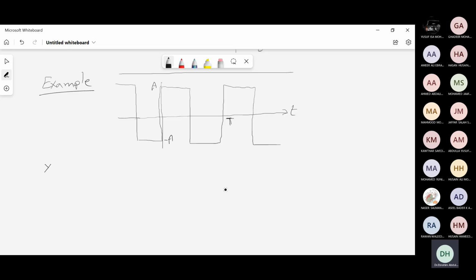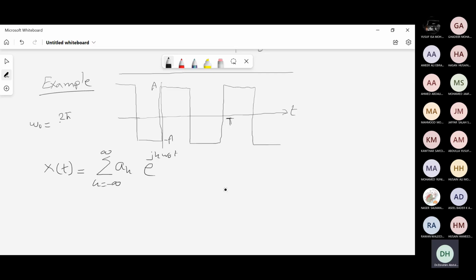So x of t is equal to the summation of a_k e to the power of j k omega naught t, k from minus infinity to plus infinity. We need two things: a_k and omega naught. Omega naught, as we said, is straightforward.